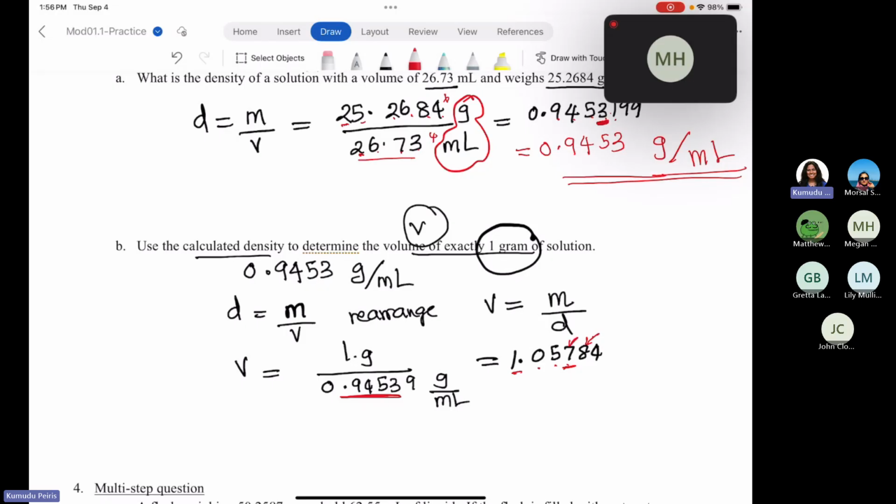Therefore, I should add plus 1 to the number 7. So the answer should be 1.058 milliliters. Right. You will see the grams cancel out, and the answer must be given in milliliters. Questions?